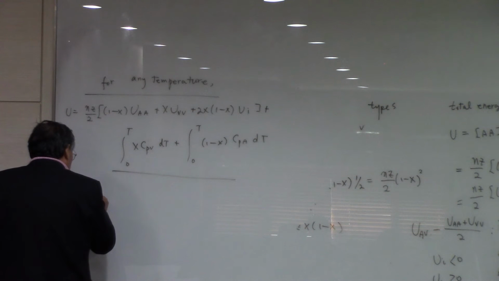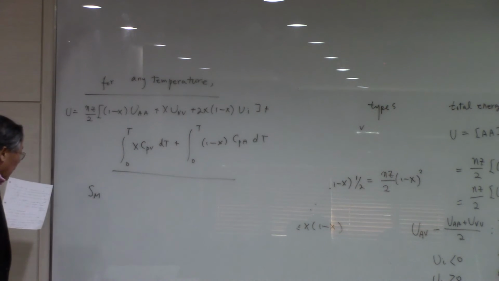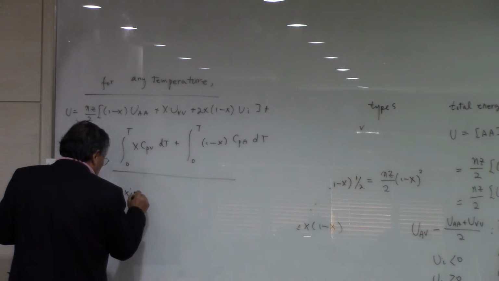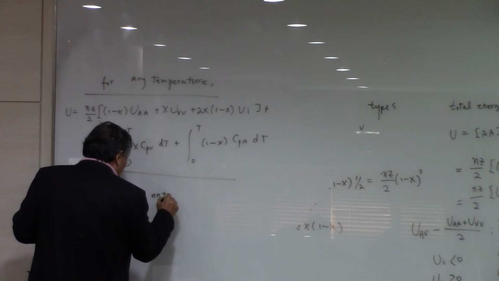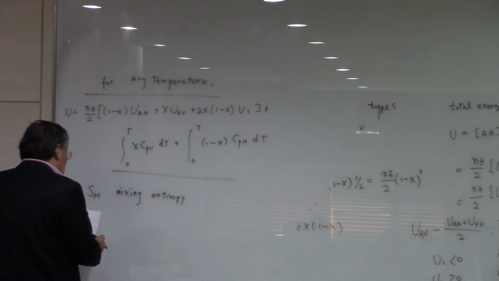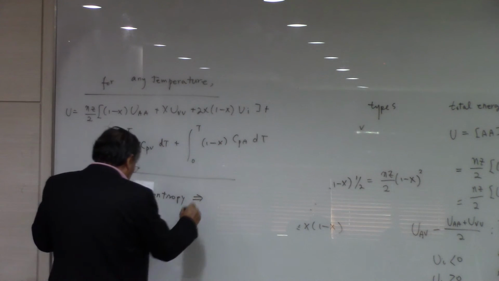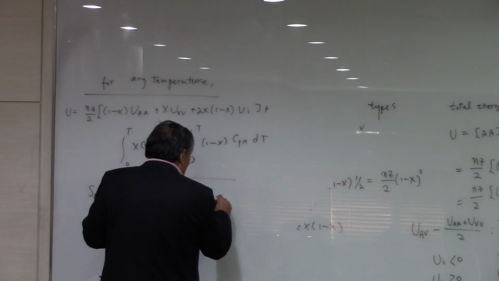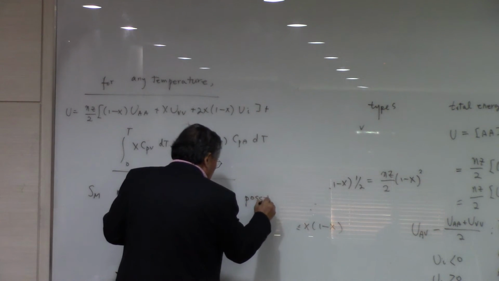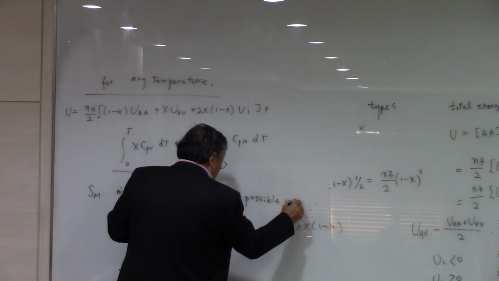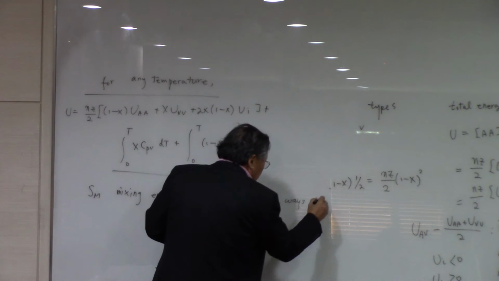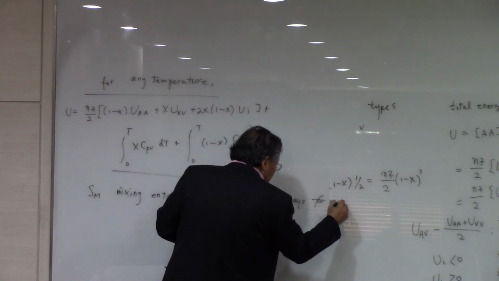Now Sm is the entropy, the mixing entropy term. Mixing entropy is related, of course, to the number of possible ways for mixing, right?